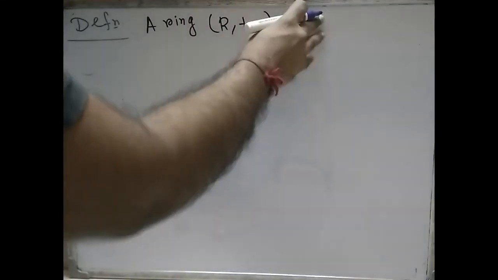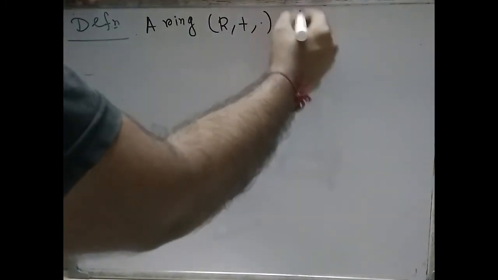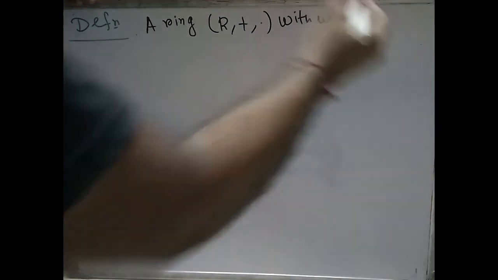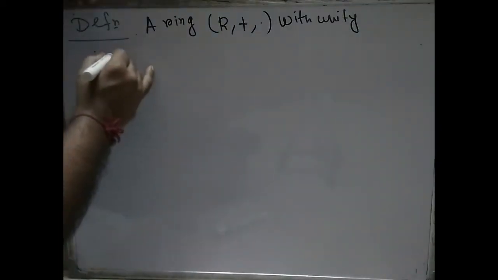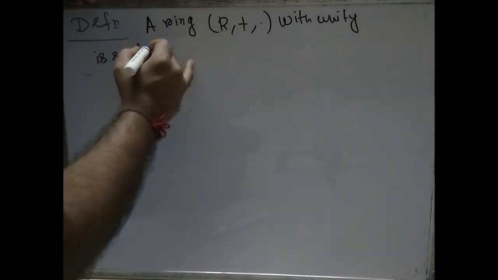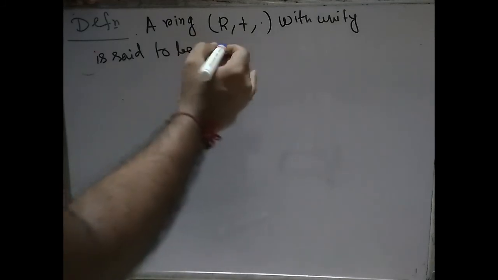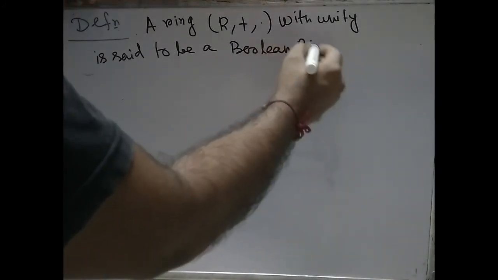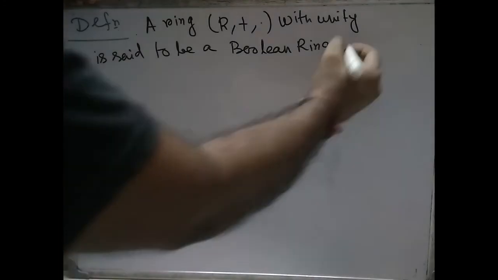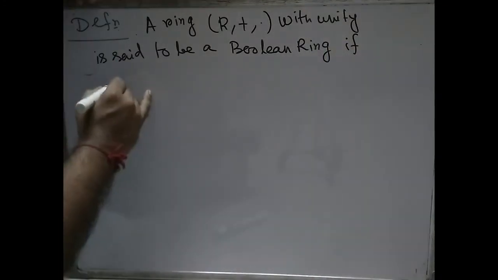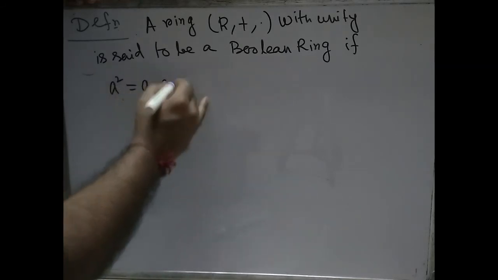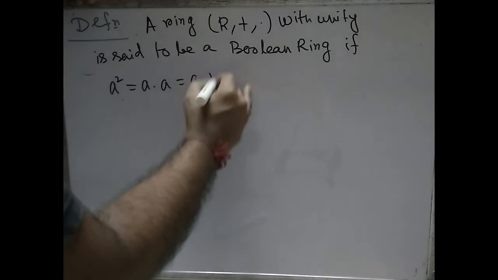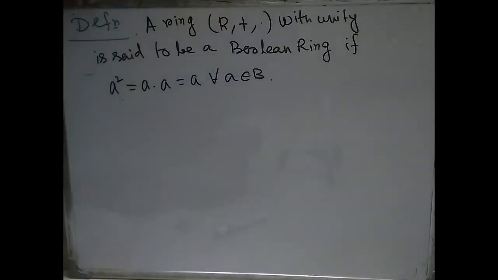A ring R, plus, dot, okay, with unity is said to be a Boolean ring if a square, that means a dot a, is equal to a for all a belonging to R. Okay, so we are given a ring with unity.